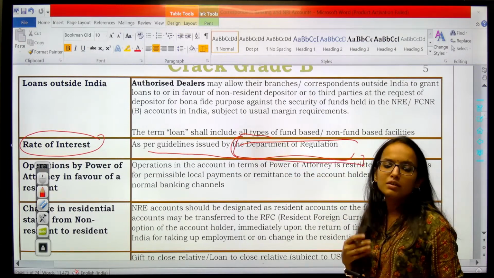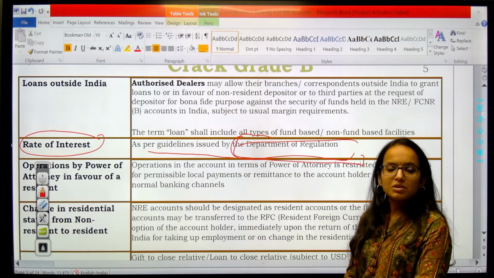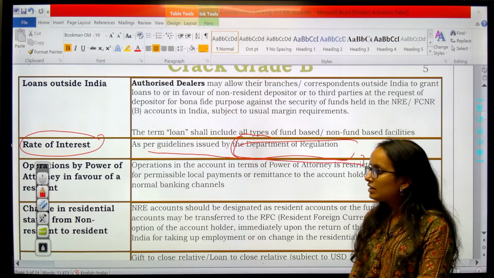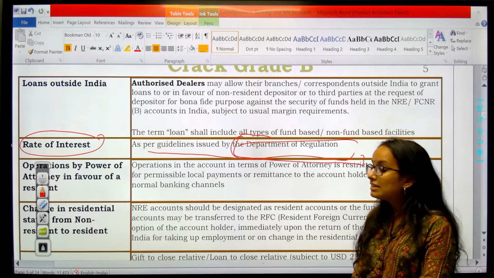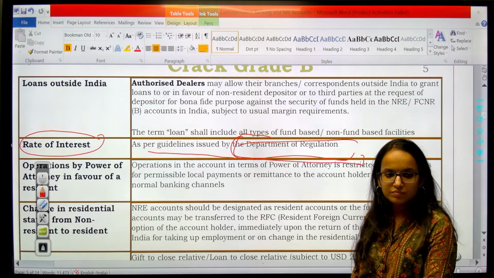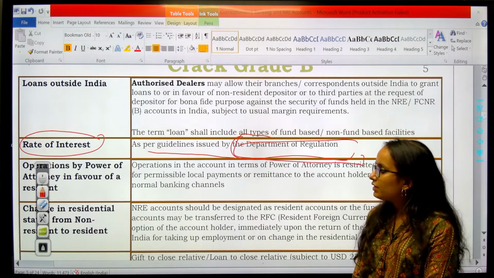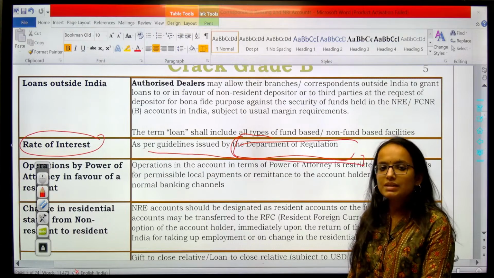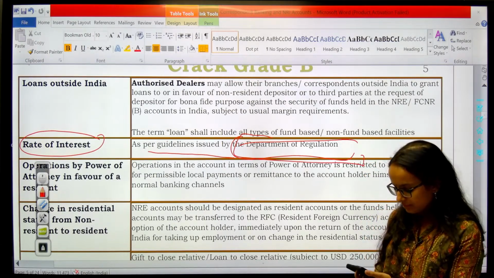You know there are various departments under RBI. So the interest rates for an NRE account holder will be decided on the guidelines of the Department of Regulation. Clear? Okay.